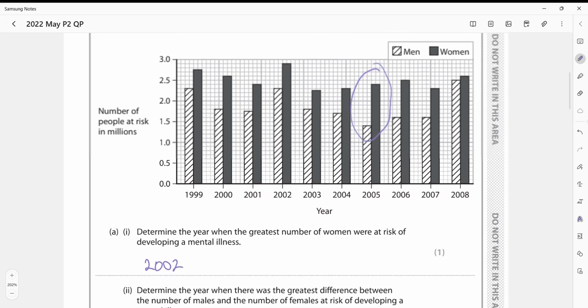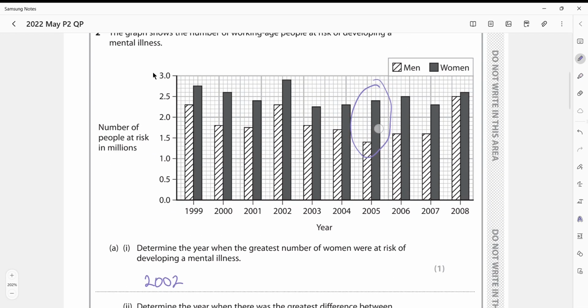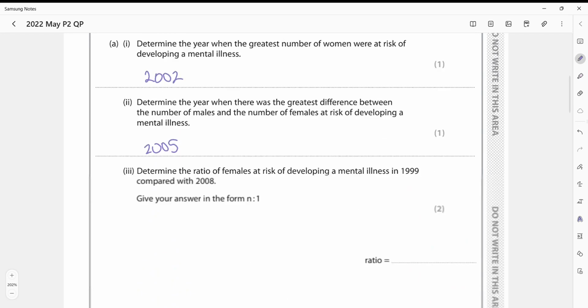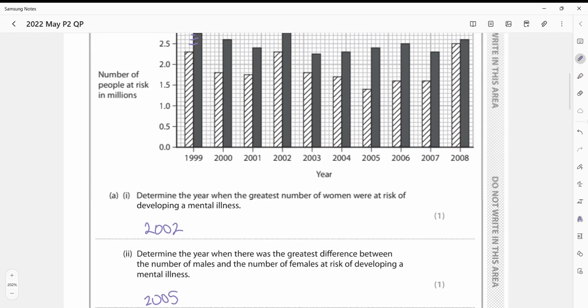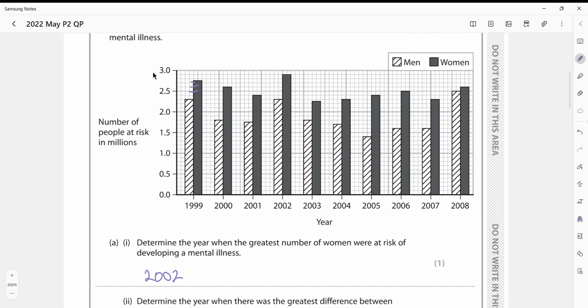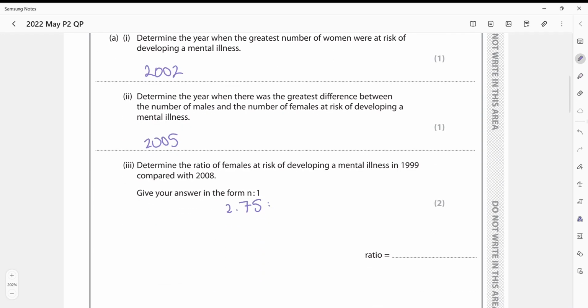The next part, determine the ratio of females at risk of developing a mental illness in 1999 compared to 2008. Okay, so at 1999, this is 2.5, this is 2.6, this is 2.7, so this would be 2.75. Let's write that down, 2.75, so that's for 1999. Now for 2008, this is 2.5, this is 2.6. This would be 2.6.